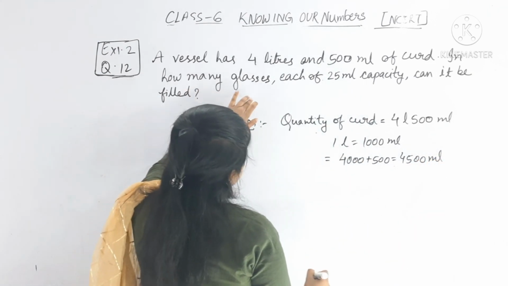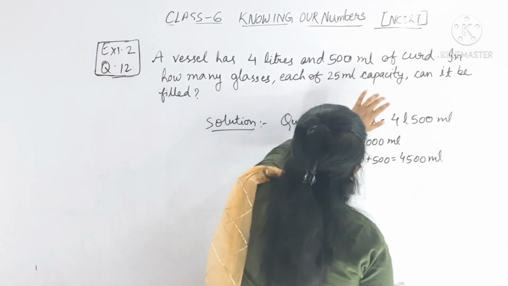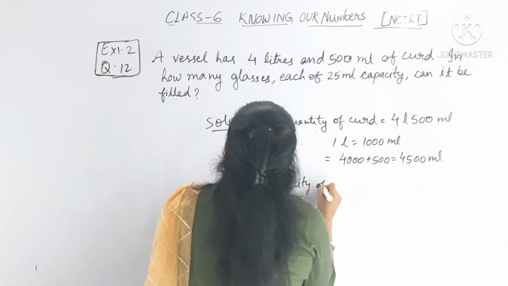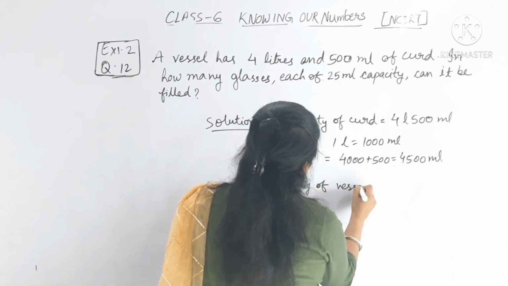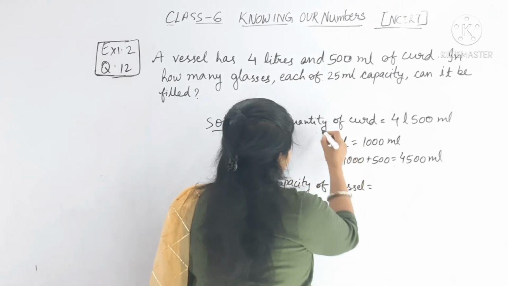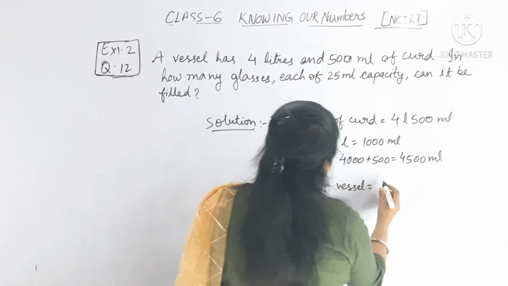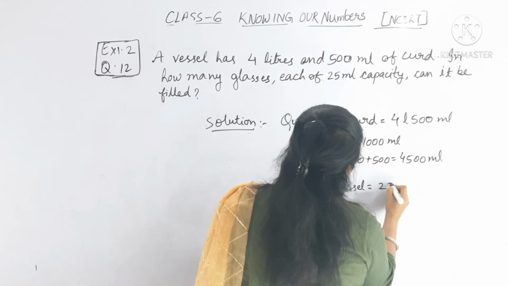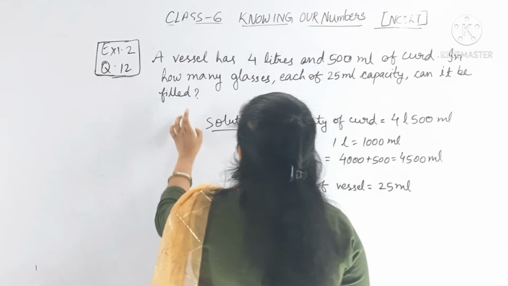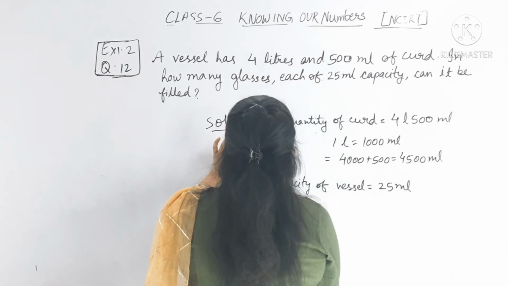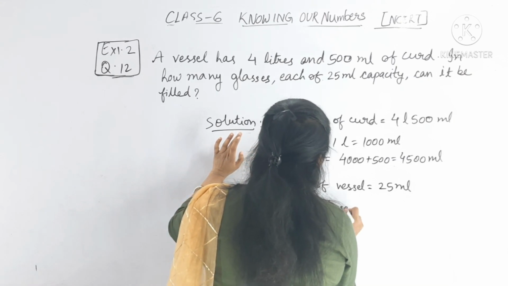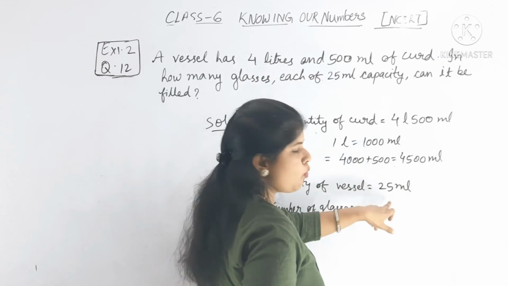Then in how many glasses, each of 25 ml capacity? So capacity of glass is 25 ml. Okay, so how many can be filled? For calculating the number of glasses, we have to divide both numbers.